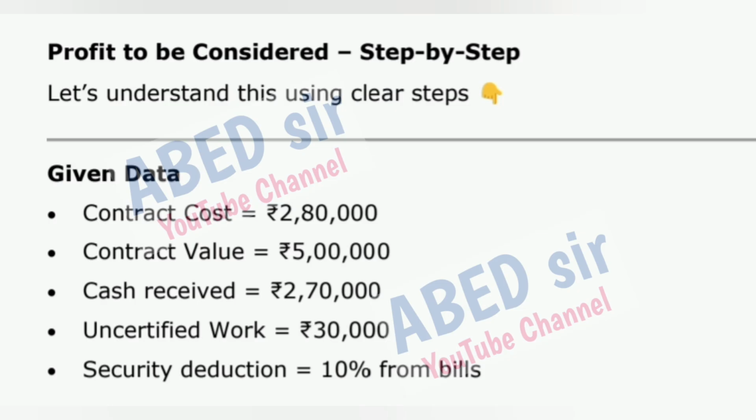Given data. Contract cost is equal to 2,80,000 rupees. Contract value is equal to 5 lakhs rupees. Cash received is equal to 2,70,000 rupees. Uncertified work is equal to 30,000 rupees. Security deduction is equal to 10% from bills.